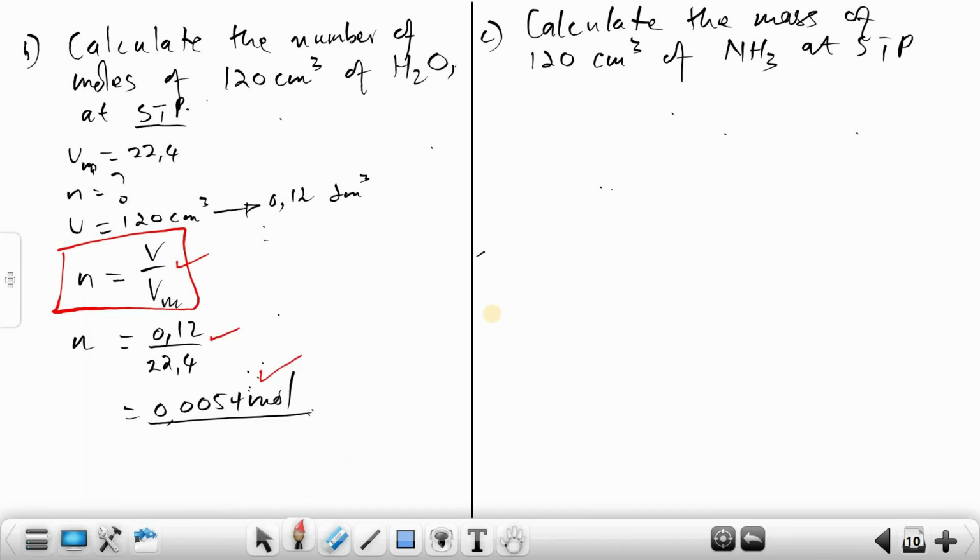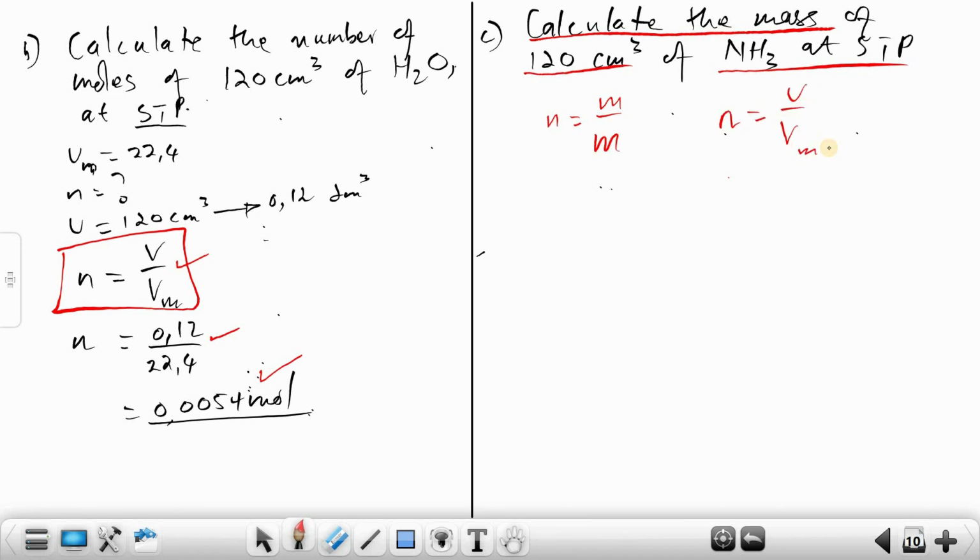The examiner is asking us to calculate the mass of 120 centimeter cubed of NH3 at STP. But there's only one equation that I know that relates the mass and the number of moles. So this will be the two equations that I need.